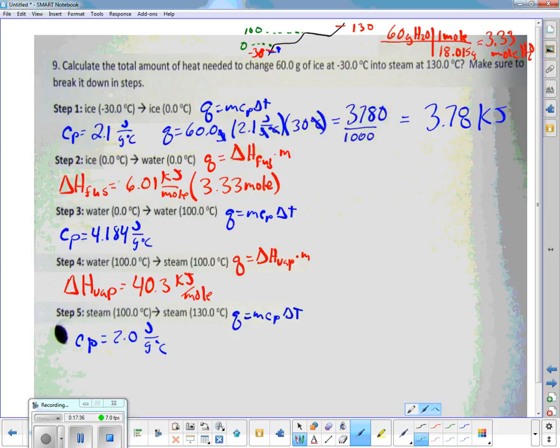Now, my moles cancel. And my answer here is equal to what? It's a little over 18, somewhere between 18 and 20. 6.01 times 3.33.